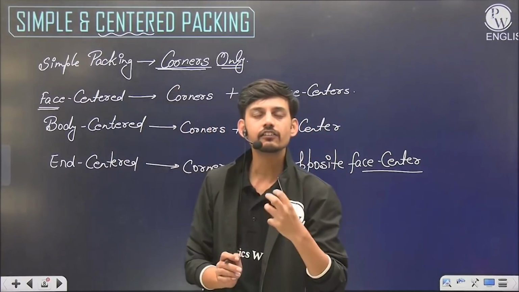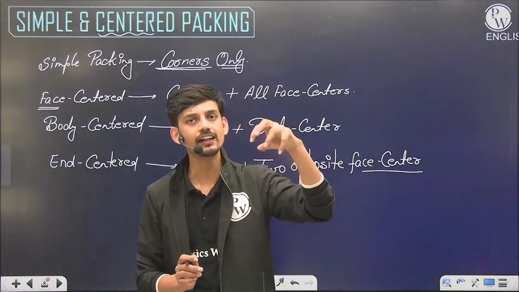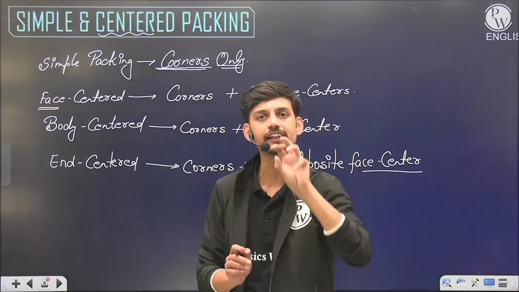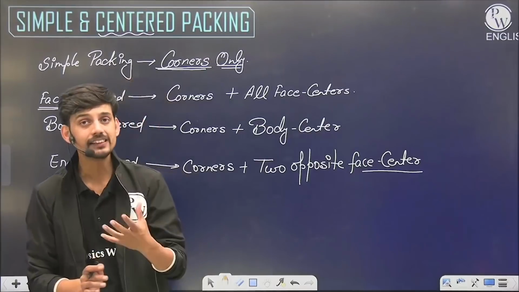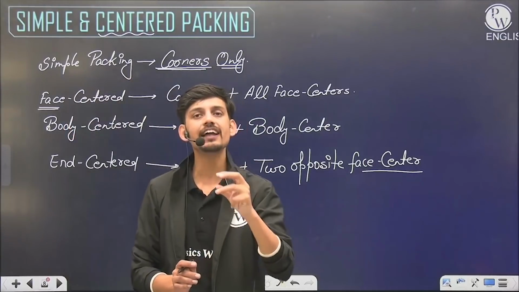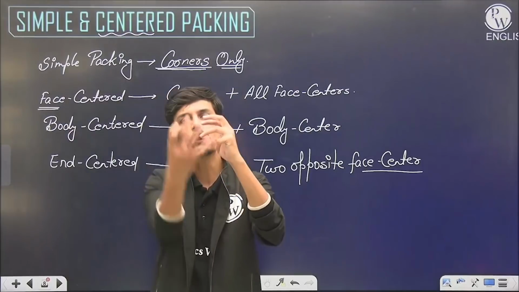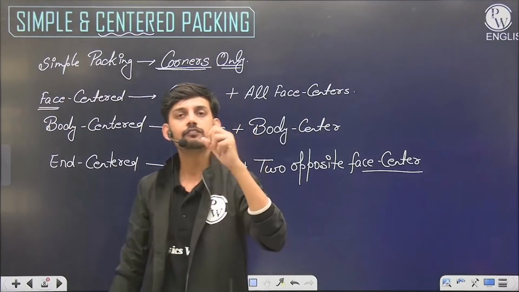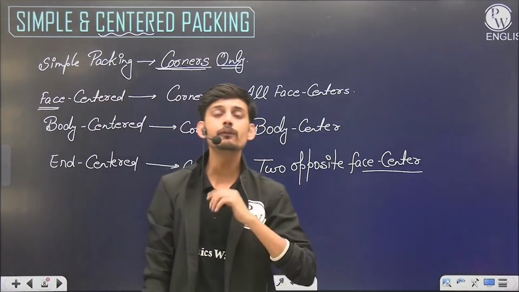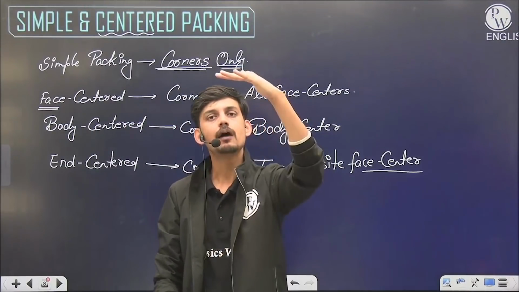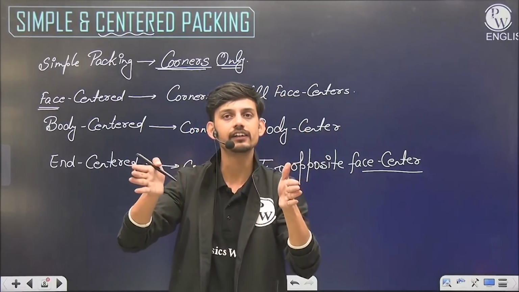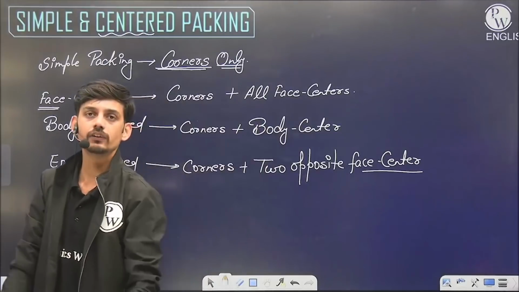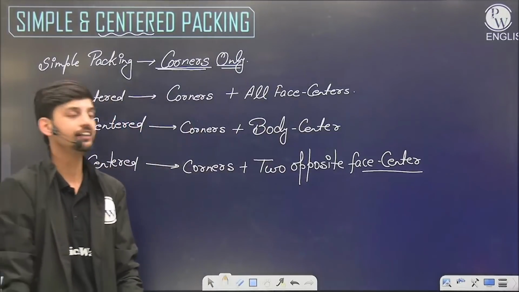For FCC, face centered, we have corner atoms plus atoms at all the faces. For BCC, body centered, we have an atom at the center of the body along with the corners. And for end centered, we can have any 2 opposite faces, like upper and bottom, front and back, or left and right, with atoms at their centers.